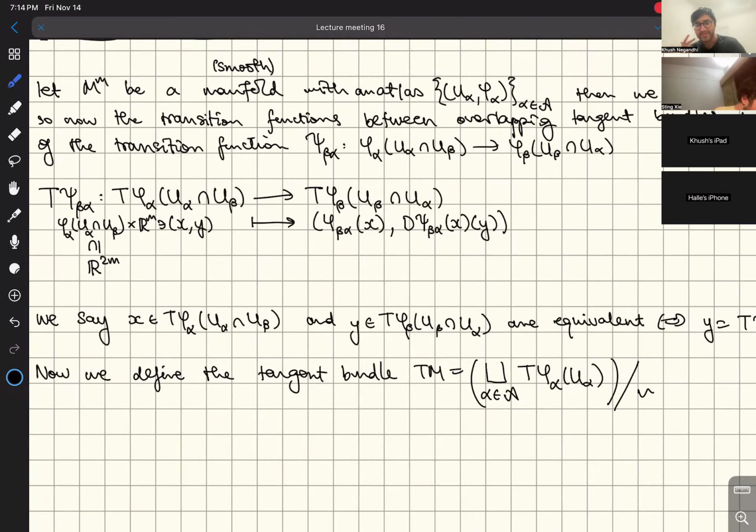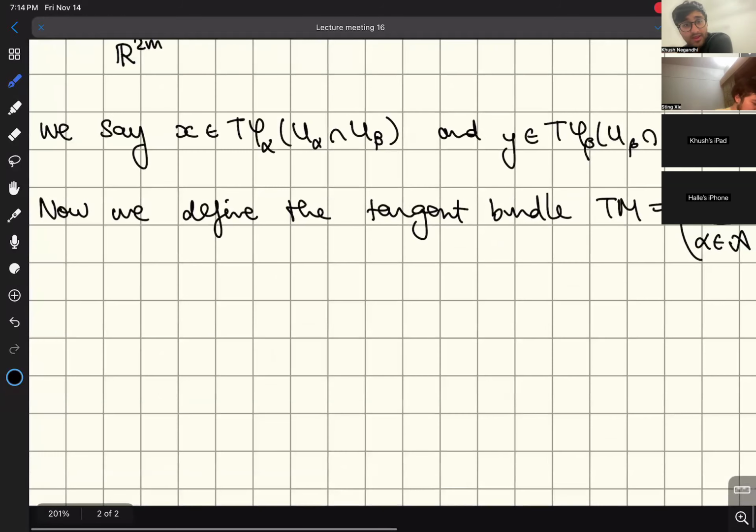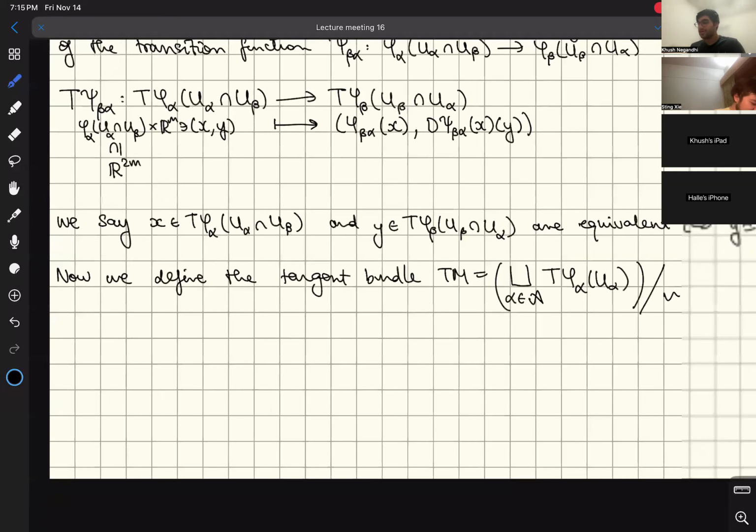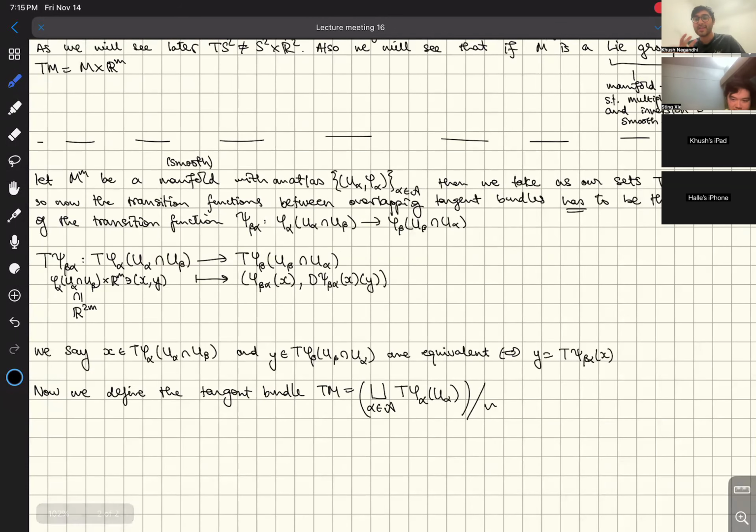And this is what physicists mean when they say that vectors transform like vectors. This is precisely what they mean. So let's write this out a little more carefully. Vectors transform like vectors is equivalent to saying that a tangent vector at one point is equivalent to another tangent vector if they are related by a change of coordinates.